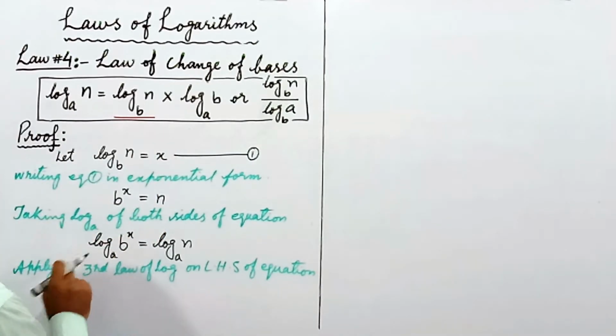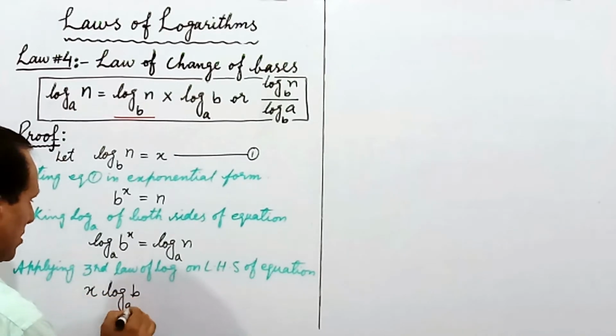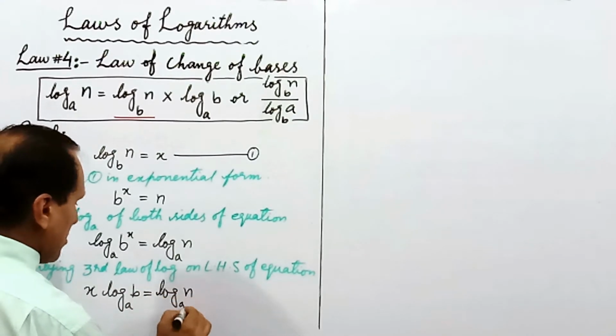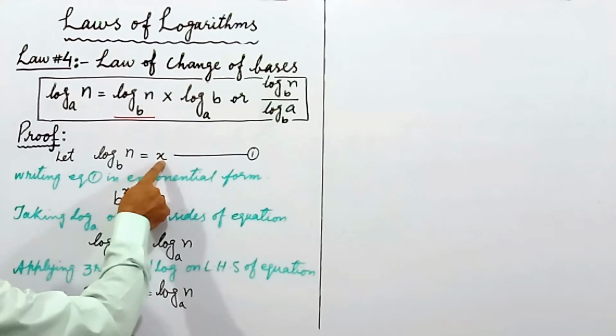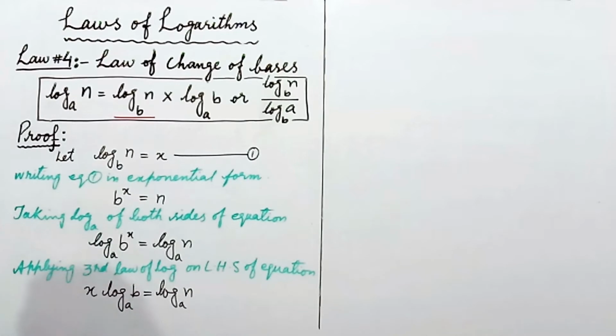Power will become coefficient. x of the log b to the base a is equal to log n to the base a. In this equation x is unknown, and we know that the value of x we let is equal to log n to the base b.